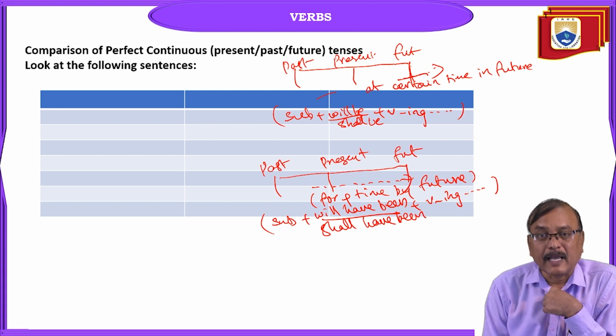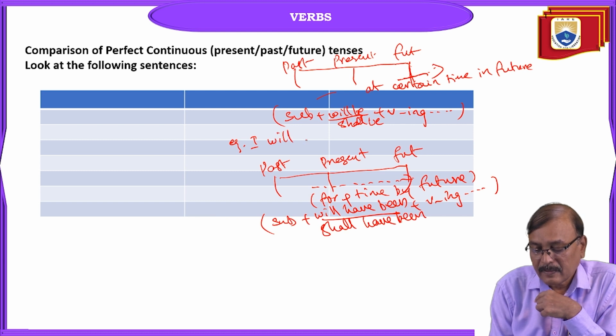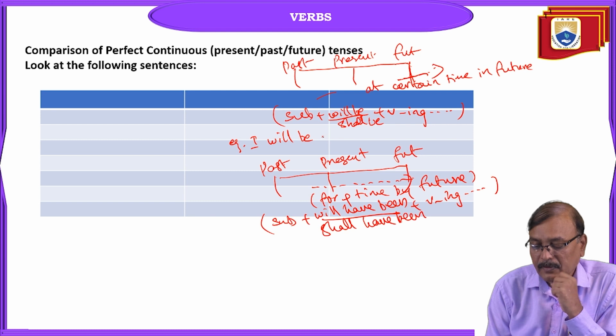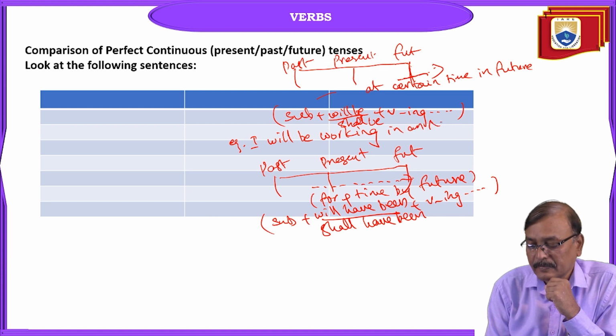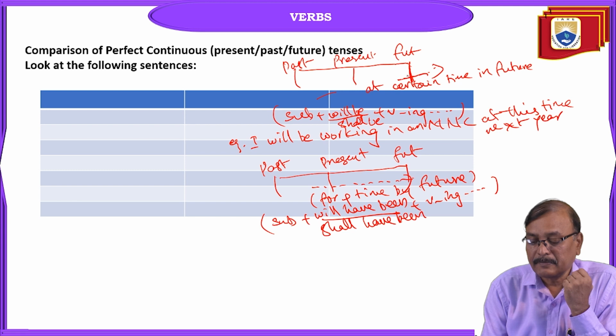Next year at this time, I will be working. Example. I will be working in an MNC, multinational company, at this time next year.